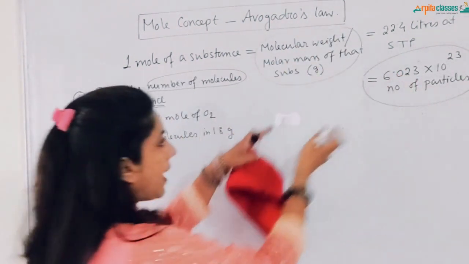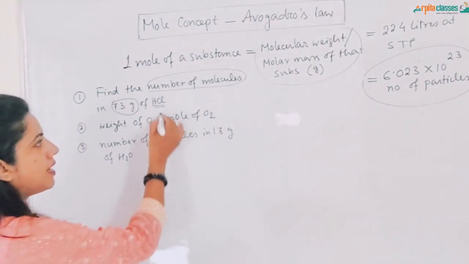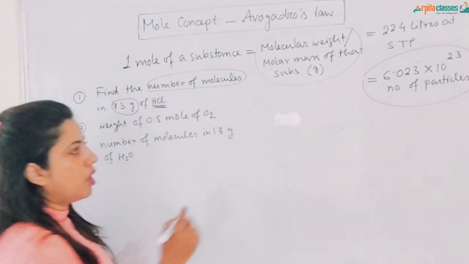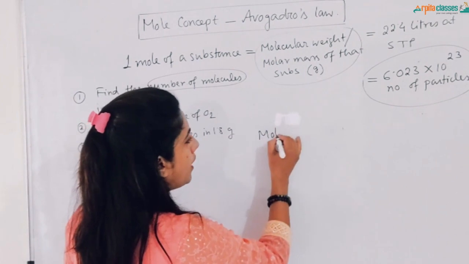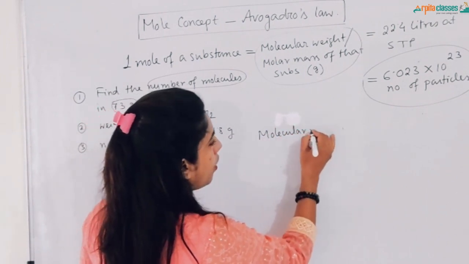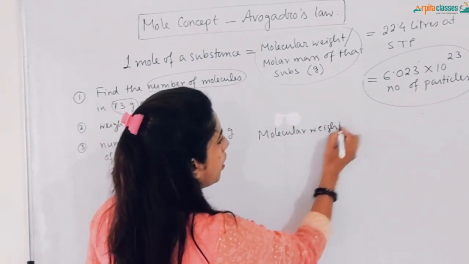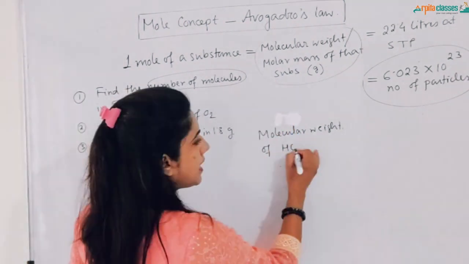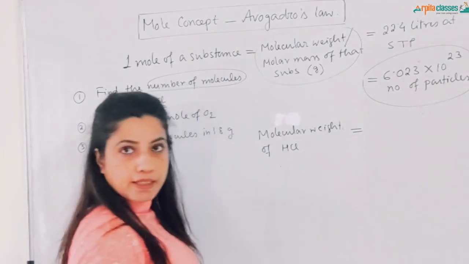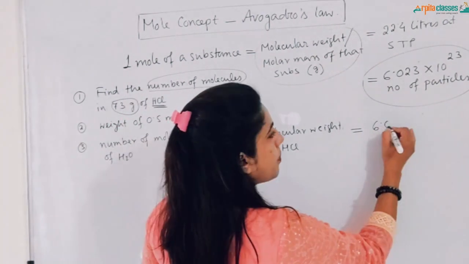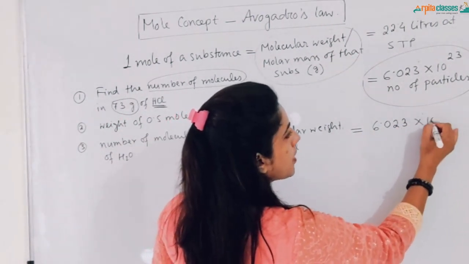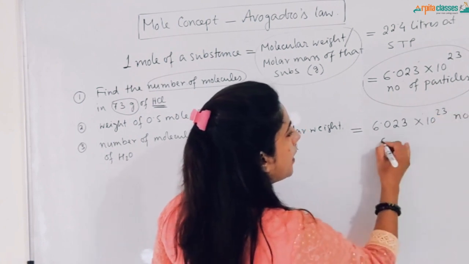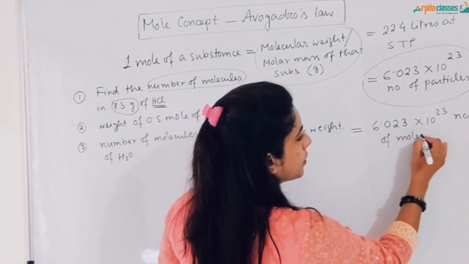So we will extract these two things, and since our substance is HCl, in place of substance we are going to write HCl. So, molecular weight of HCl is equal to 6.023 into 10 raised to power 23 number of molecules.